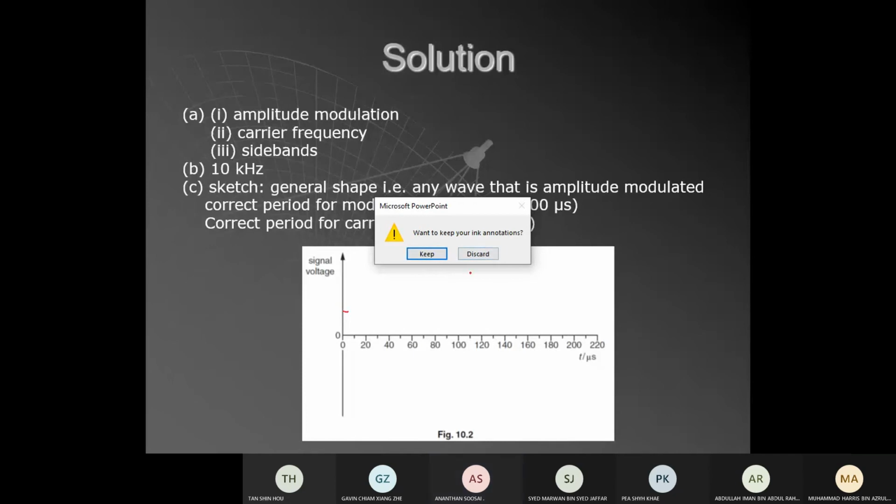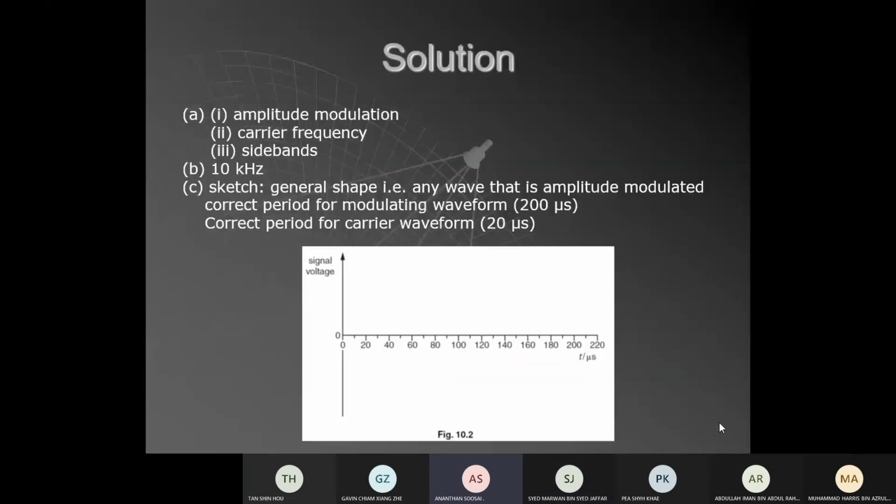Where is 200? 200 is here, from here to here. The pattern should go up. Where's the middle? The middle is 100, somewhere here. So the pattern should go up like this and come down like this. Same thing happens here. So you draw the pattern like this.